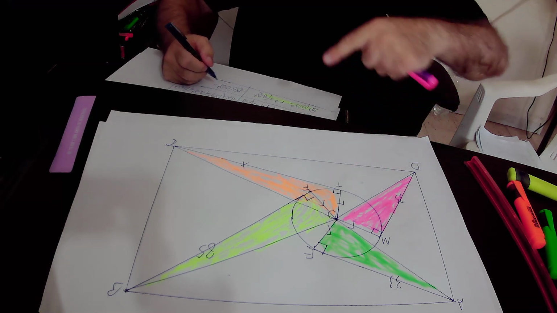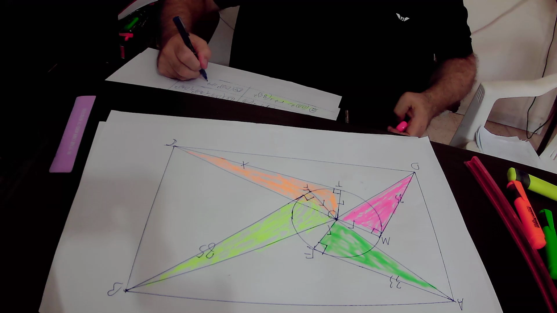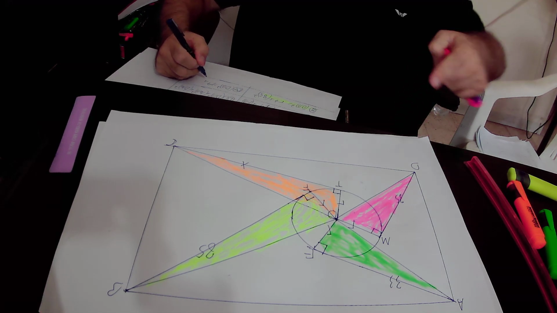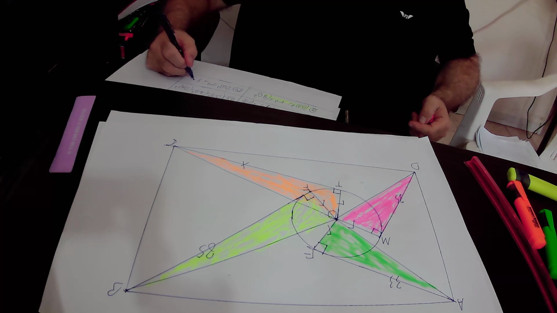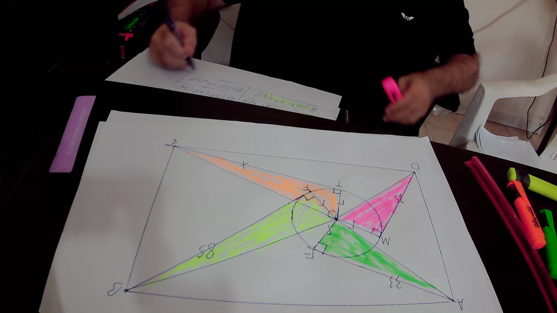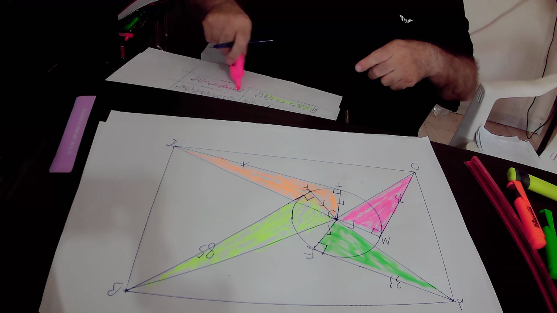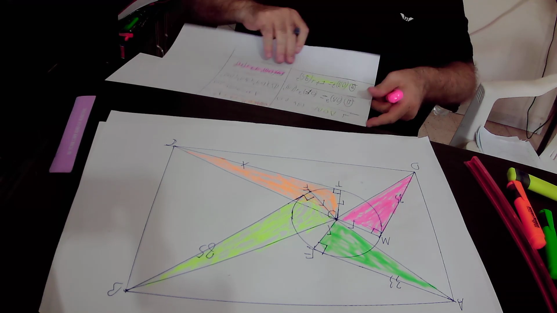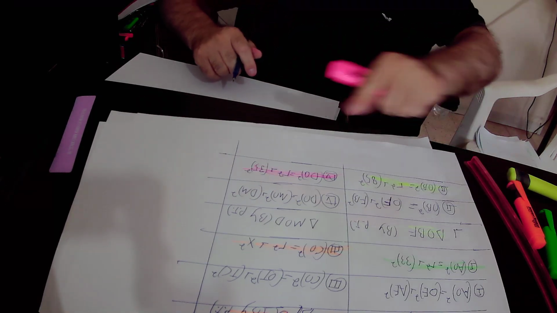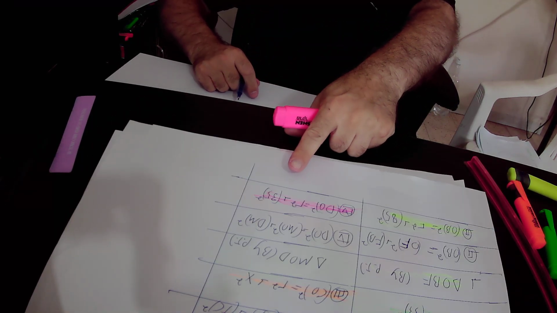MO is R, therefore MO square is R square, plus MD square. MD equals 35, therefore MD square is 35 square. So in conclusion, according to equation number 4, DO square equals R square plus 35 square.